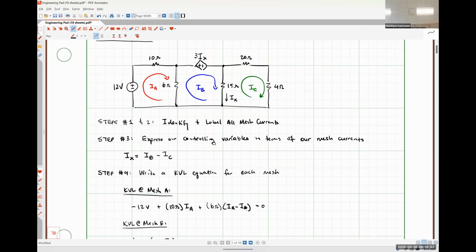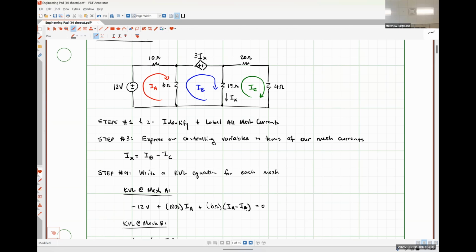Somebody tell me what comes next. Brendan. We're following IB around, so IB is always going to be positive. Anything opposite IB will be negative when we're performing KVL at mesh B. All right, so what do we see after the 6 ohm resistor as we follow IB around?